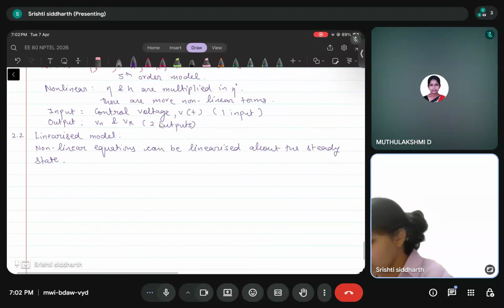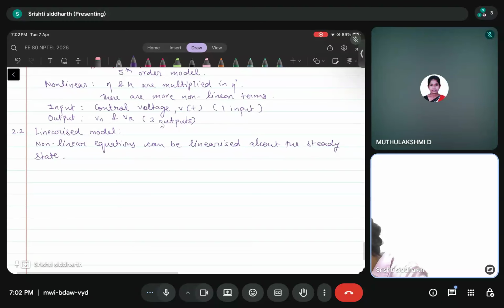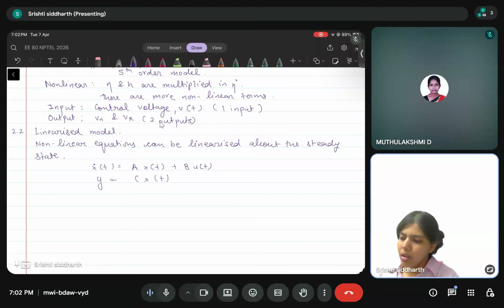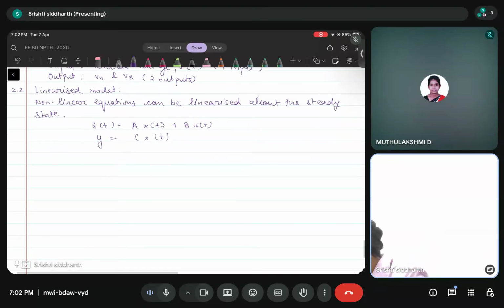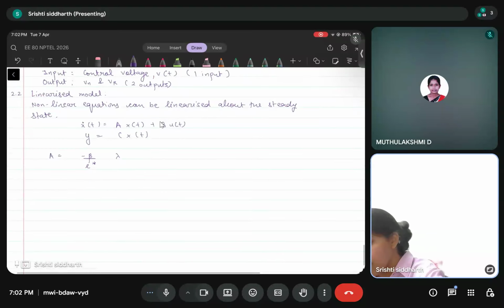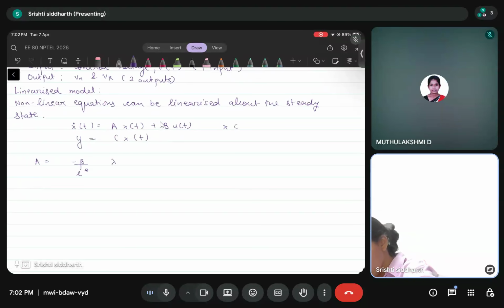Okay. So in the linearized model, we have x dot of t equals Ax of t plus Bu of t, and I write down the A, B, and C matrices for the nuclear reactor. Alright, so A is beta over L star. Now, we have 5 states, right? So X is in R5.